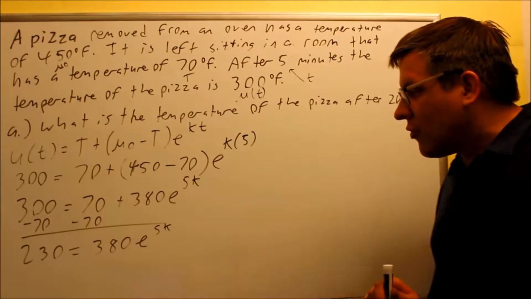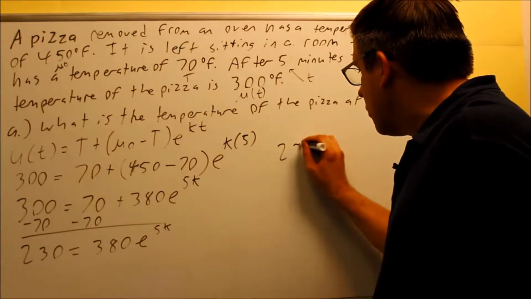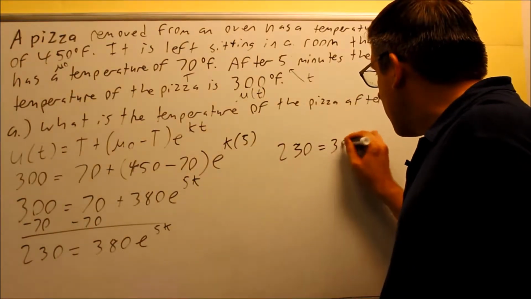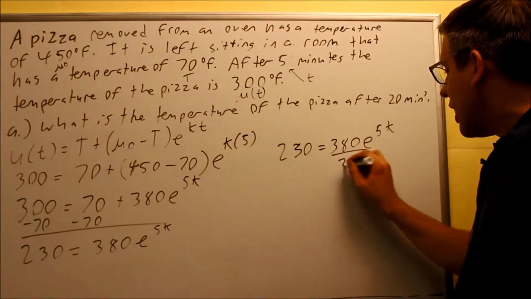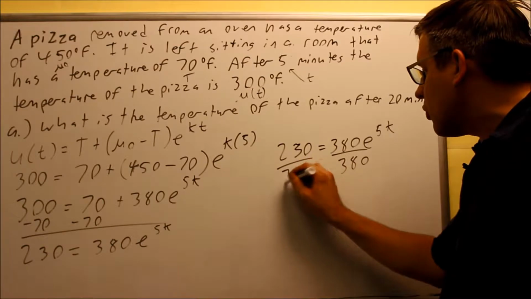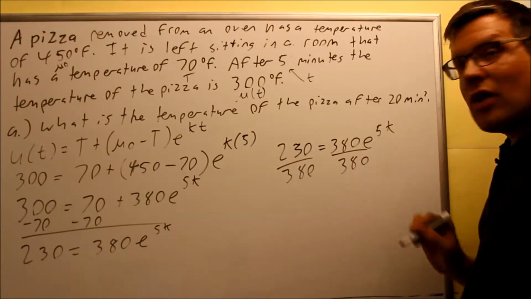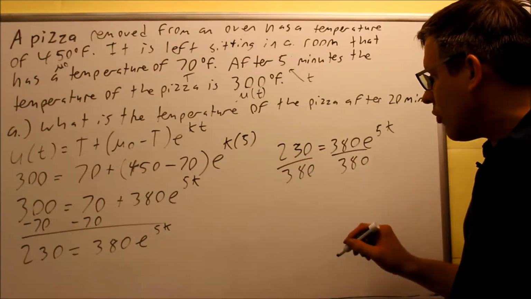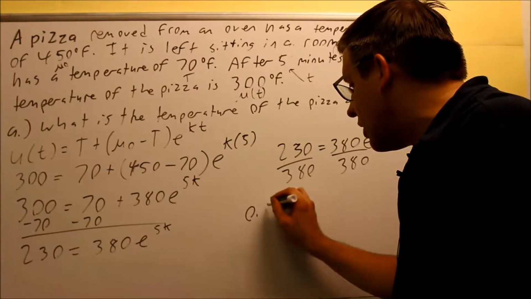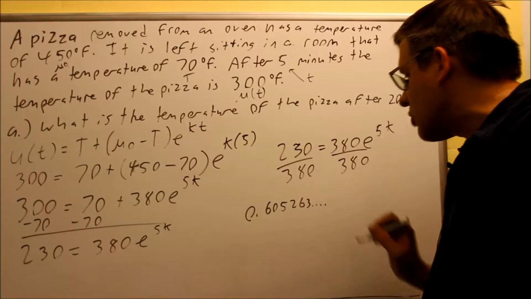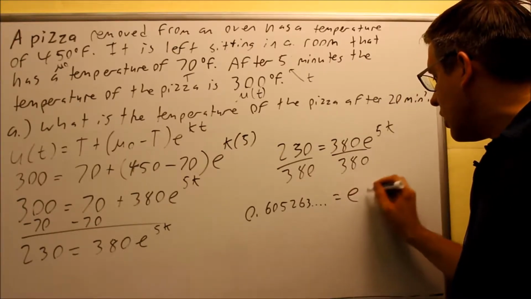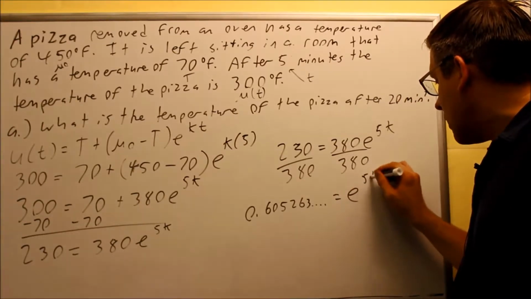We want to solve for k. We have 230 equals 380 e to the 5k. Now we divide both sides by 380 because we want to get the e term by itself. 230 over 380, we get 0.60526 with some more decimals after it. That equals e to the 5k.